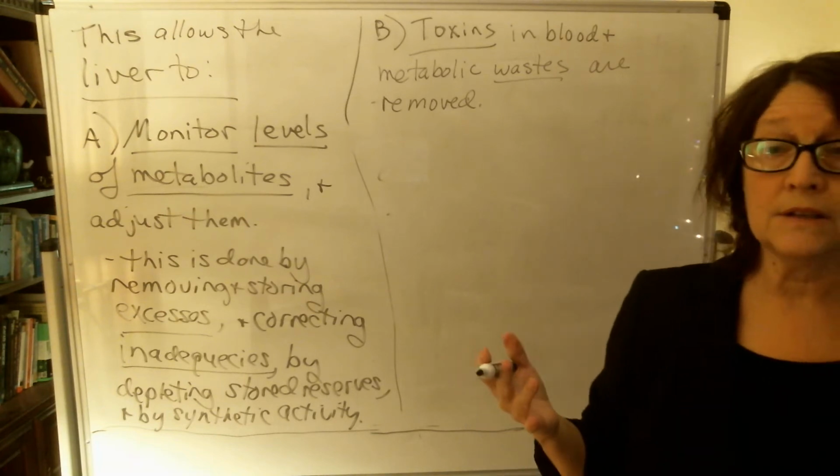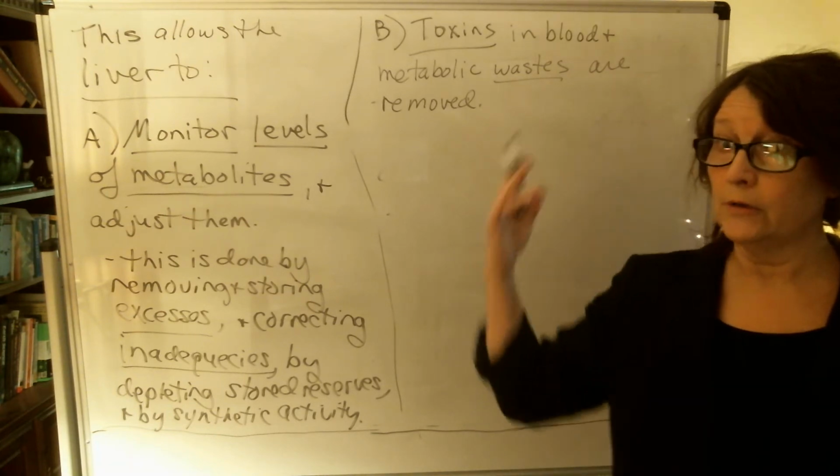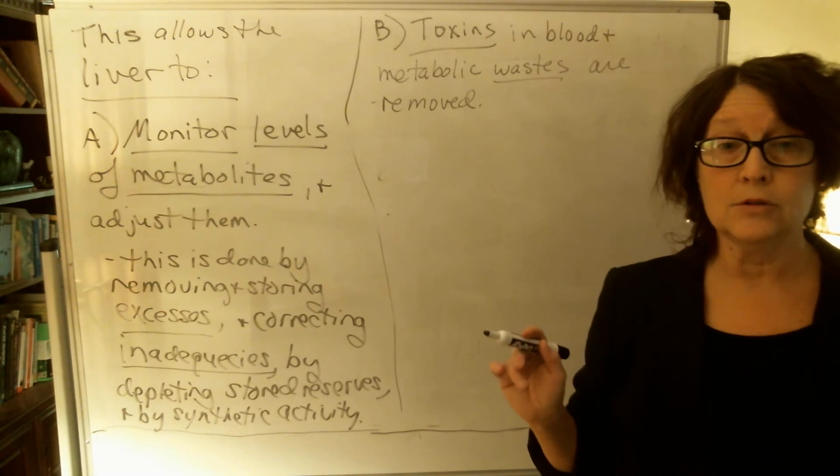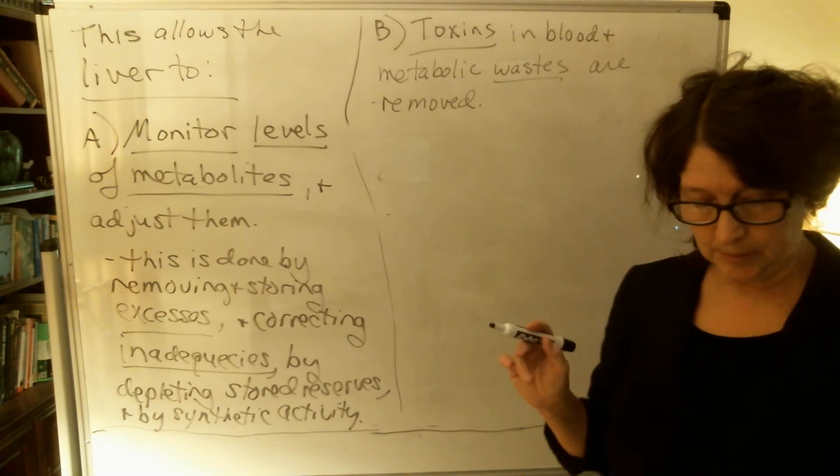There are plenty of things in your blood that could be poison. Your liver takes out some of them. It also takes out some waste products.